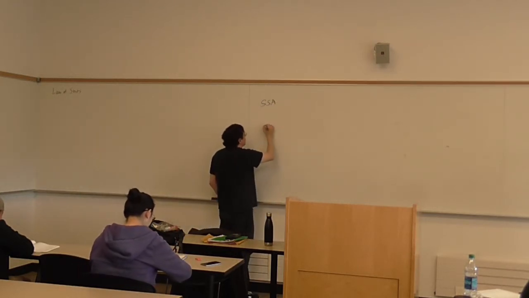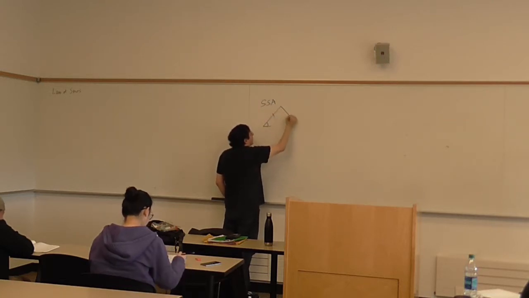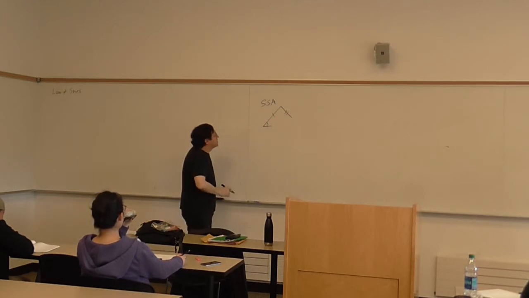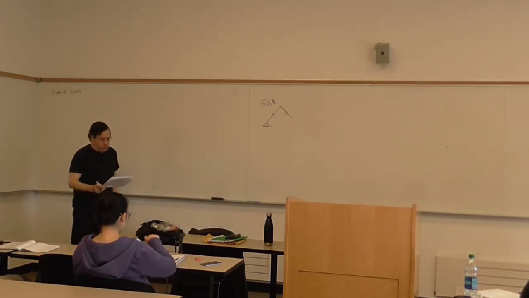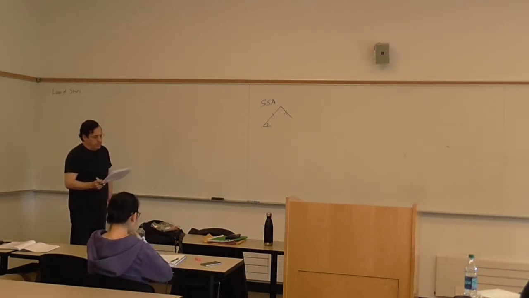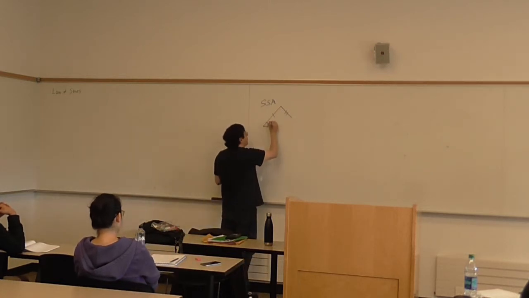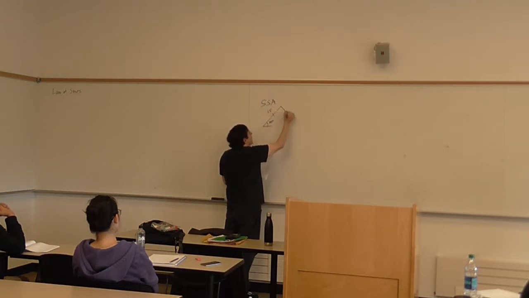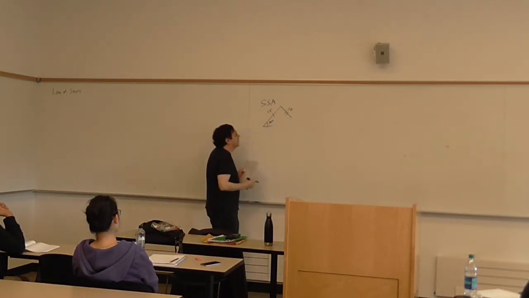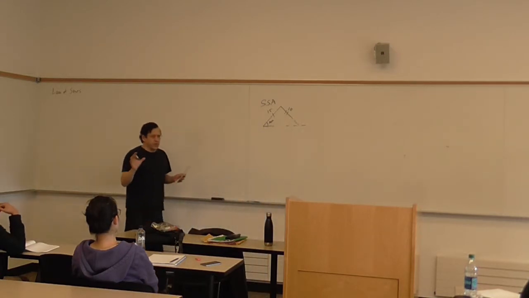But really, we're starting with an angle, and we're looking at two sides. So let's take an example here. What if this is a 30-degree angle, and this side is 15, and this side is 10? Not drawn to scale here.